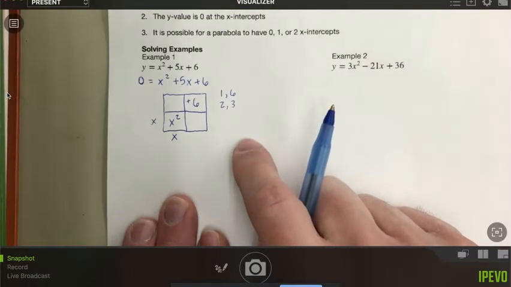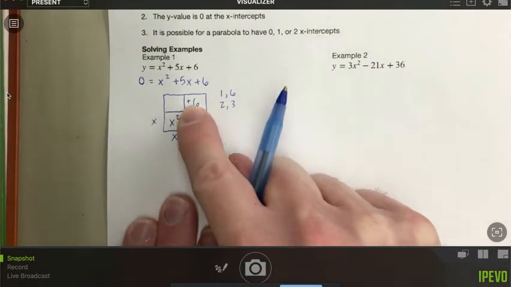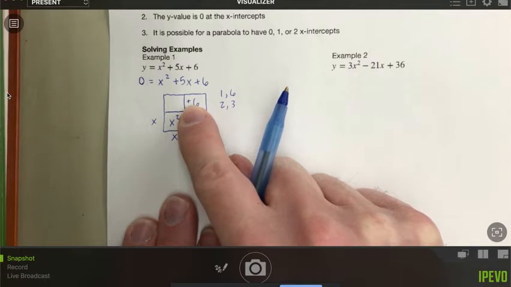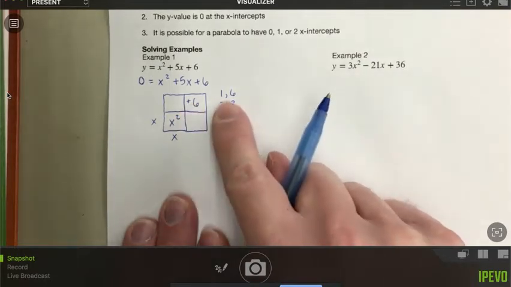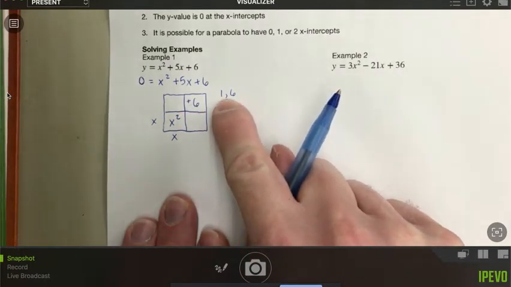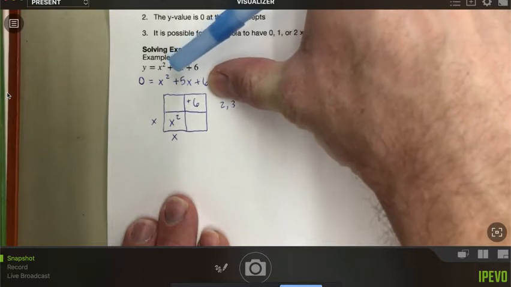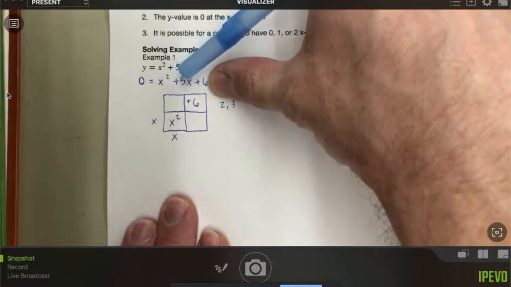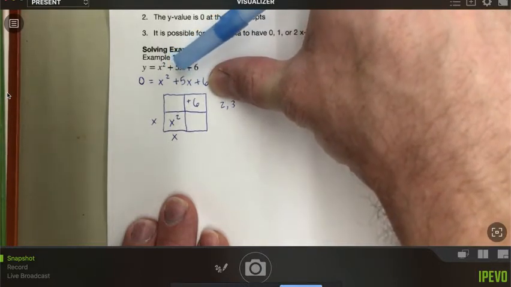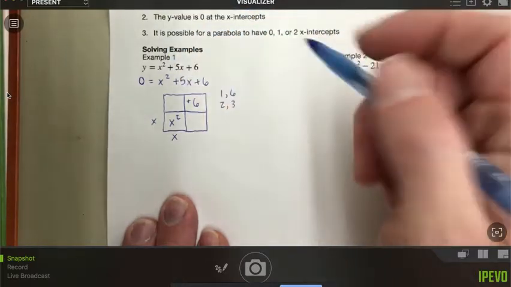Since it's a positive 6, my factors either have to both be negative or both be positive. If both of these are positive, or both of them are negative, those won't combine to be 5. But if they're 2 and 3, they combine to get me 5, and they both have to be positive to get positive 5.